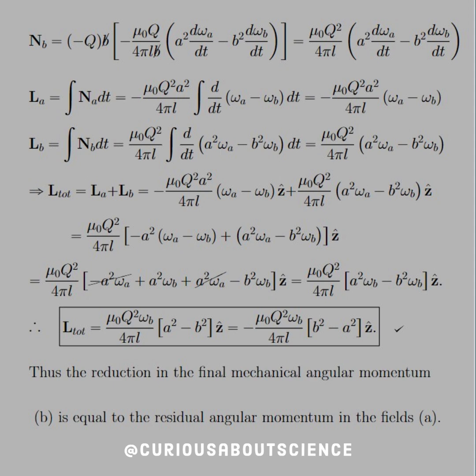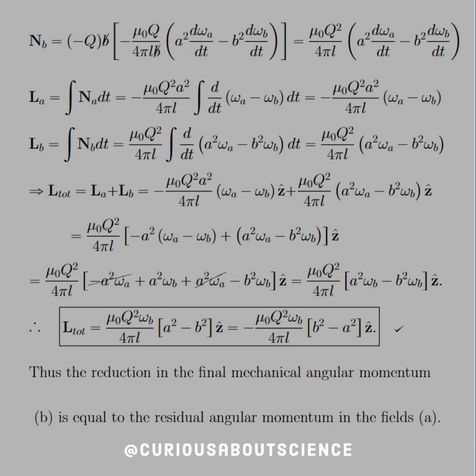So we factor out a mu naught Q squared over 4 pi L, negative A squared times omega A minus omega B, plus A squared omega A minus B squared omega B. Clearly we see that A squared omega A cancels, so we can simplify that even further, going back to mu naught Q squared over 4 pi L, A squared omega B minus B squared omega B. And so we're able to factor out the omega B, so we see that the L total is equal to mu naught Q squared omega B over 4 pi L, A squared minus B squared. And if we factor out a negative from both of those, we can have B squared minus A squared.